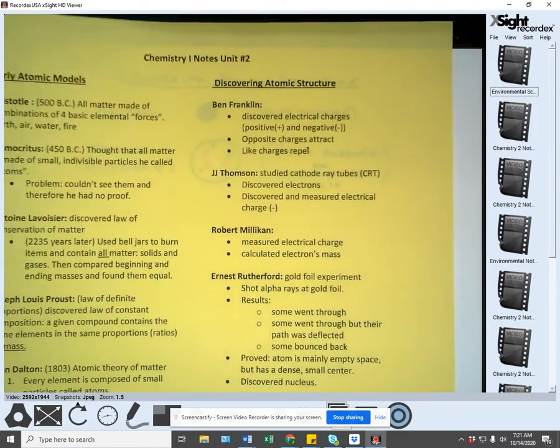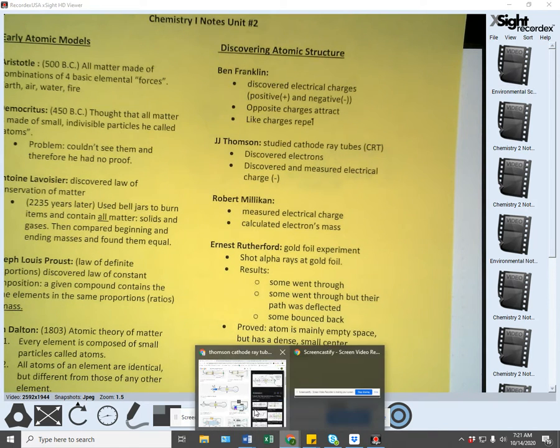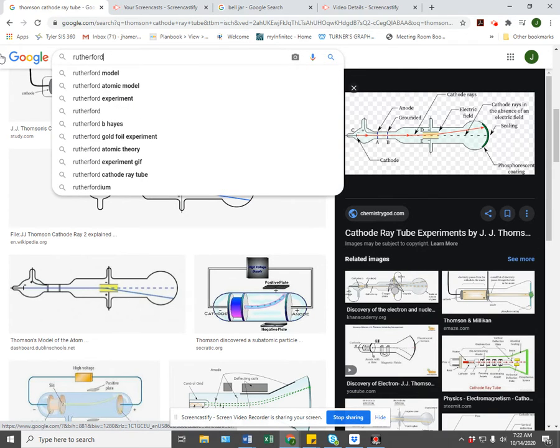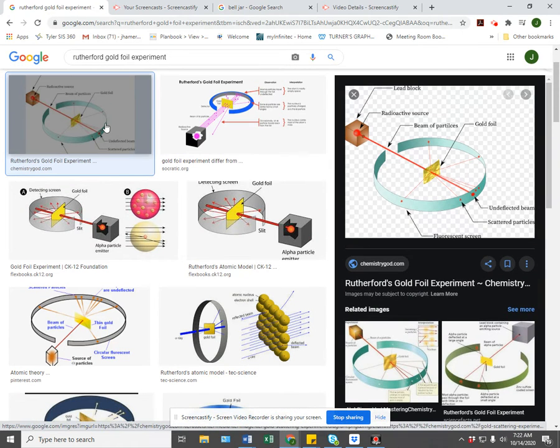Then a guy named Ernest Rutherford did something called the gold foil experiment. Okay, so I'm going to bring that up here. Rutherford's gold foil experiment is where he shot a beam of particles at a really, really thin layer of gold foil.